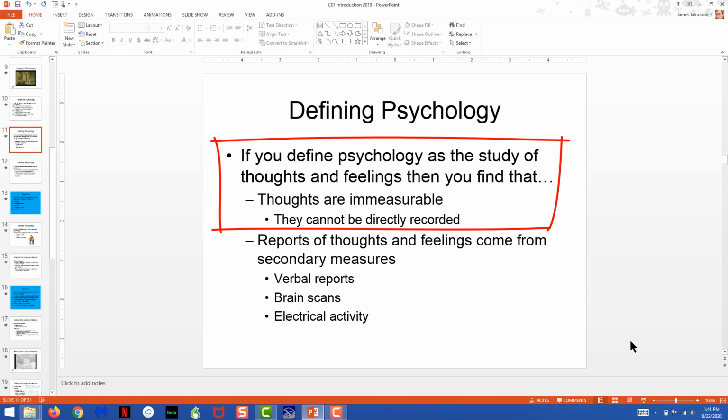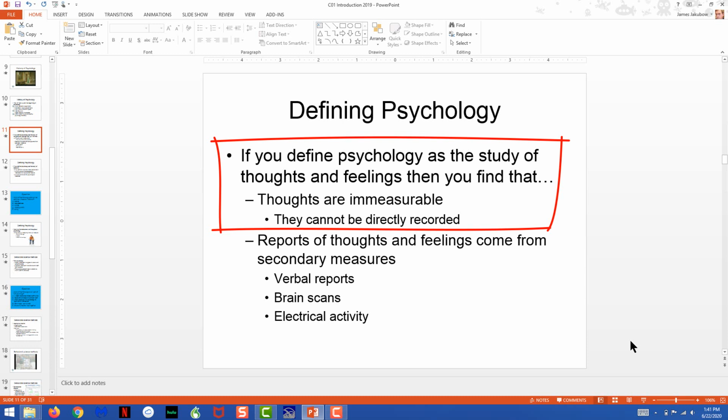As a result, thoughts and feelings as well, which fall into the same boat, are not directly measurable. So you would actually have to call them immeasurable. They cannot be directly recorded. And as a result, you cannot use thoughts or feelings as the source of data in a psychology experiment.